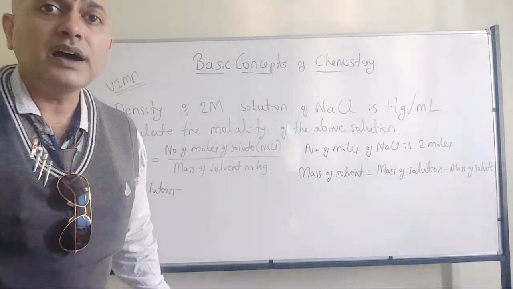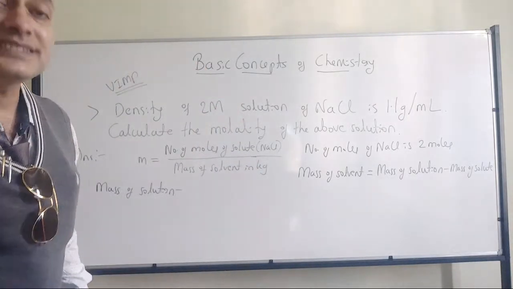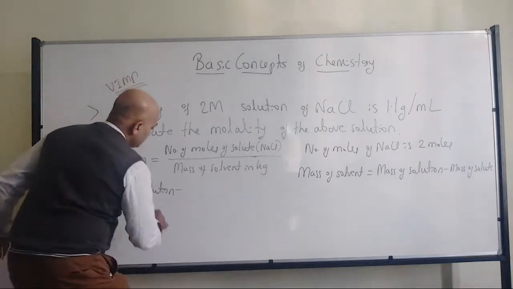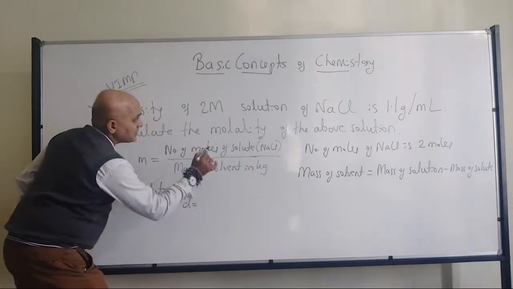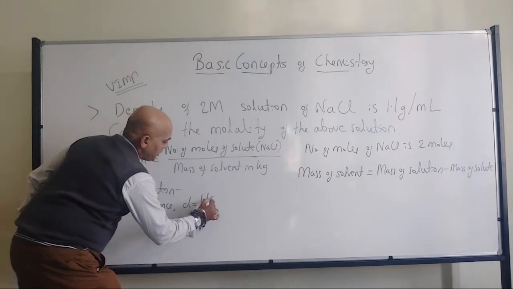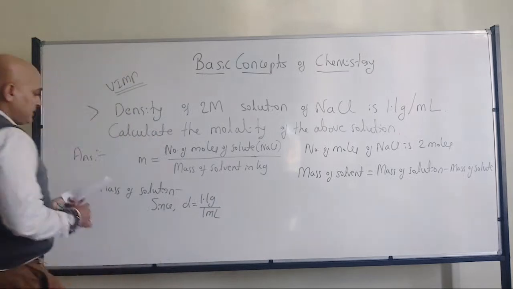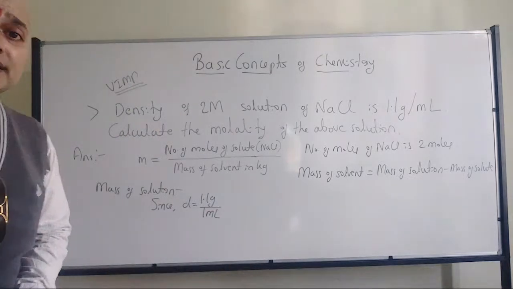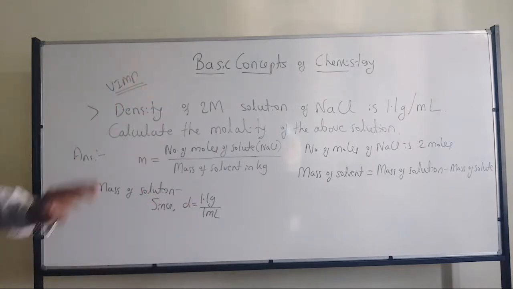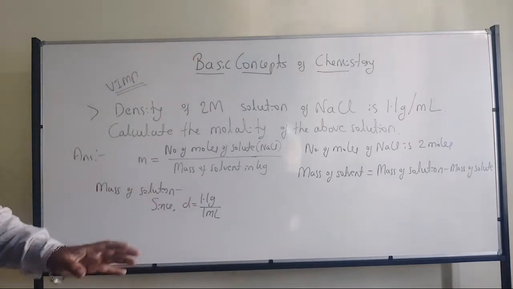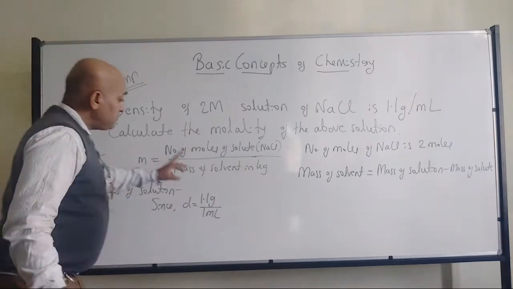How to find the mass of solution? By the given information, that is density. Since the density of the given solution is 1.1 gram divided by 1 ml, what do you mean by that? That means if I take 1 ml of this solution, the 2 molar NaCl solution, it will weigh 1.1 gram.